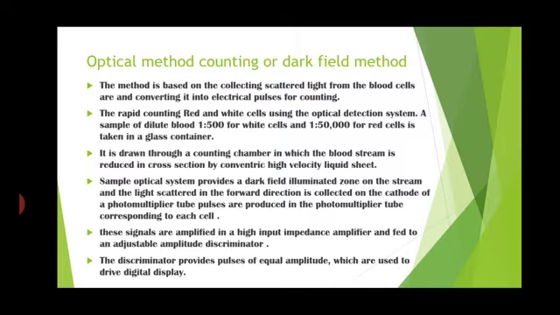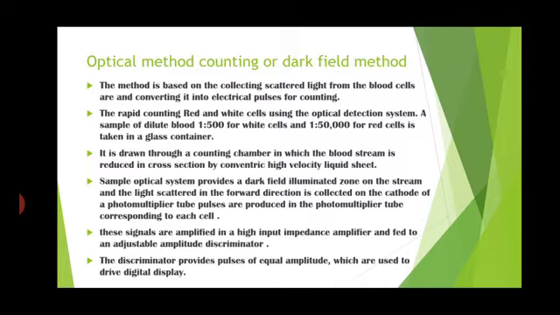It is used for rapid counting of red and white cells using an optical detection system. A sample of diluted blood, that is 1:500 for white cells and 1:50,000 for red cells, is taken in a glass container.